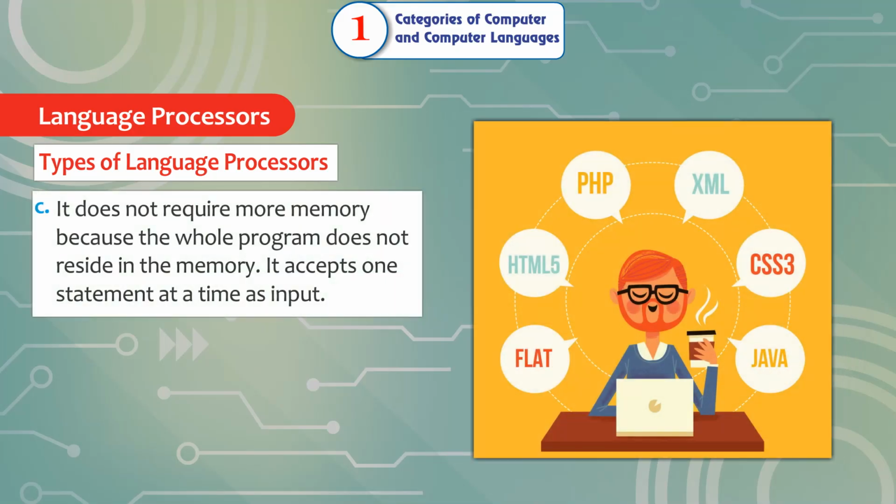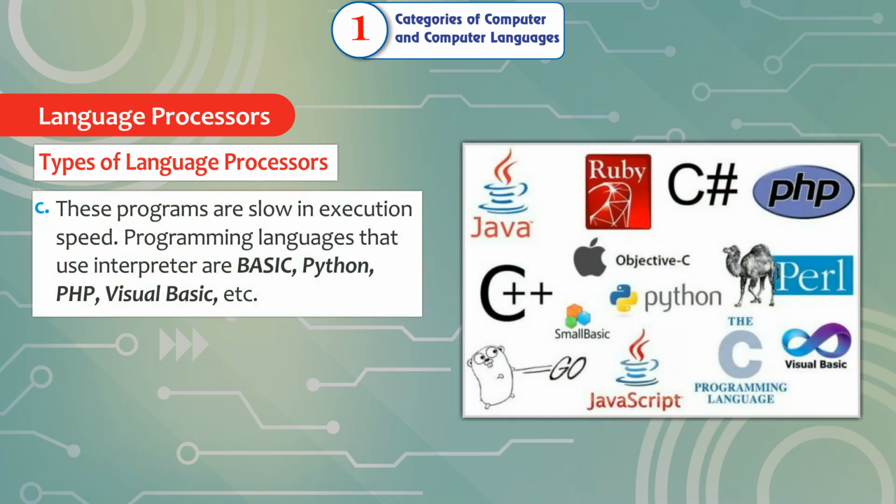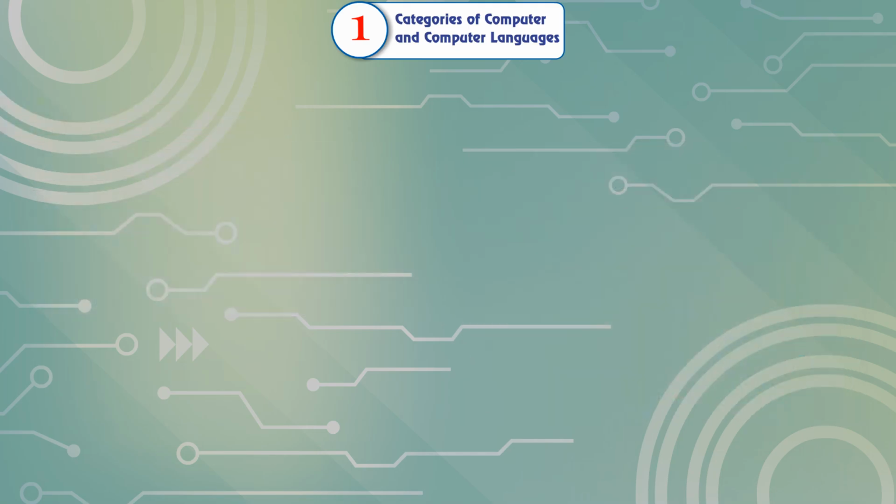It does not require more memory because the whole program does not reside in the memory. It accepts one statement at a time as input. These programs are slow in execution speed. Programming languages that use an interpreter are BASIC, Python, PHP, Visual Basic, etc.